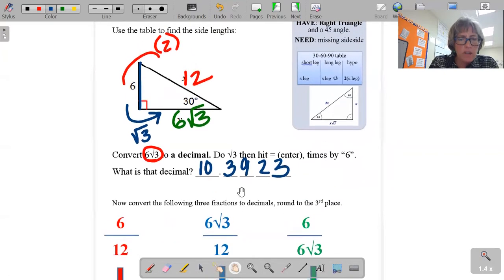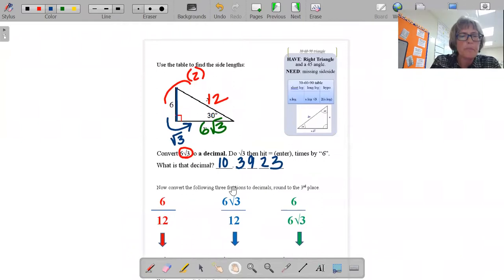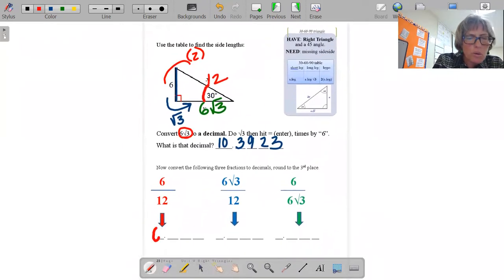We're going to make some fractions because you just love fractions. From that 30, this is the 6 divided by 12 is 0.5.